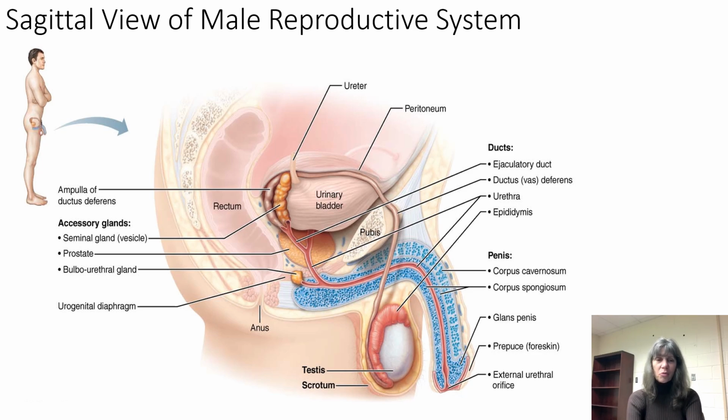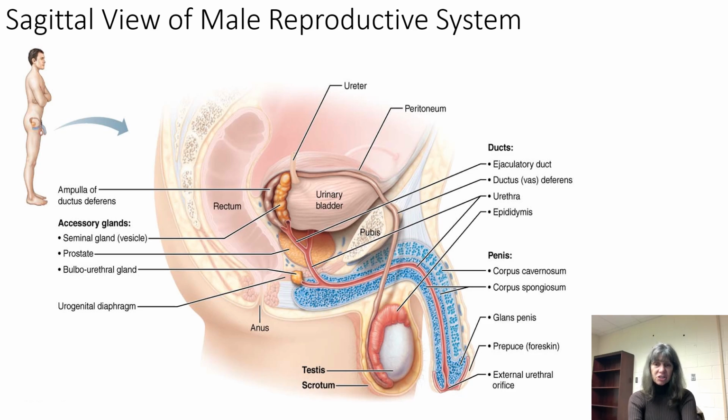You'll notice there's a little bulbourethral gland, which also has a duct which enters into the penile urethra, and the penis includes spongy tissue. There are two types. There is an area of spongy tissue that lies more dorsally on the penis, that is the corpus cavernosum, and then there's an area of tissue that surrounds the penile urethra known as the corpus spongiosum.